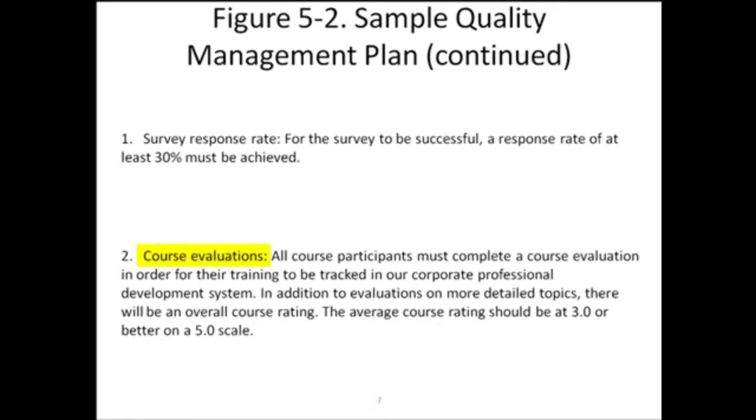And the next one is course evaluations. All course participants must complete a course evaluation in order for their training to be tracked in our corporate professional development system. It does mention that the average rating should be at least 3.0 or better on a 5-point scale. So it does list the actual metric and then the standard which it should adhere to.